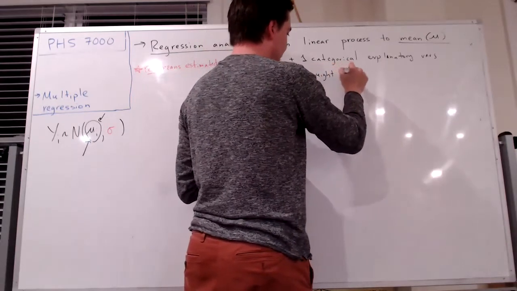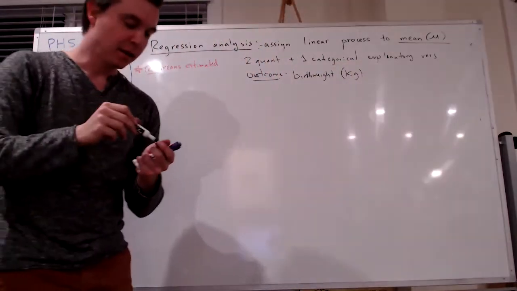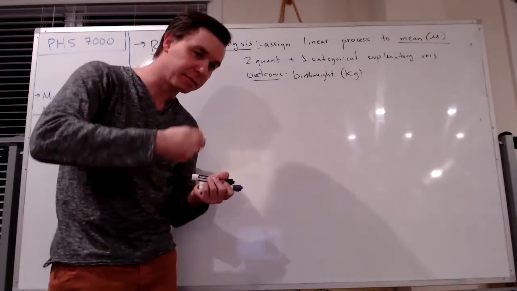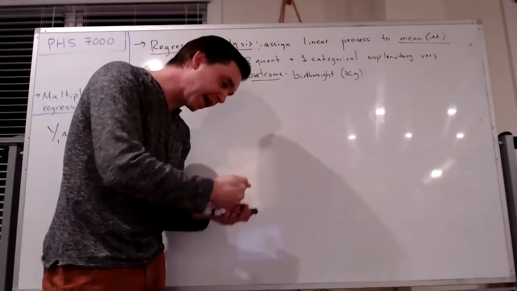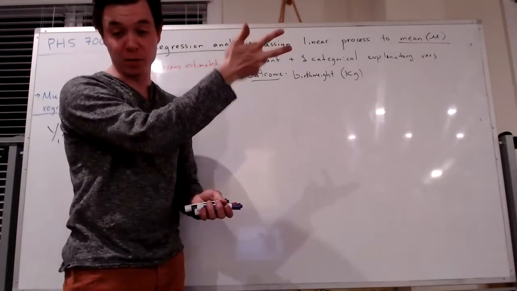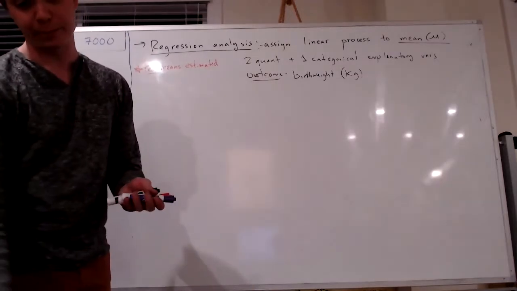Birth weight in kilograms. You have to keep the units in mind. Remember, all the betas are interpreted in terms of per unit change in your explanatory variable. The expected change in the response per unit change in the explanatory variable.